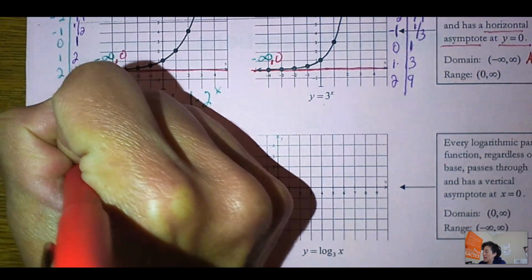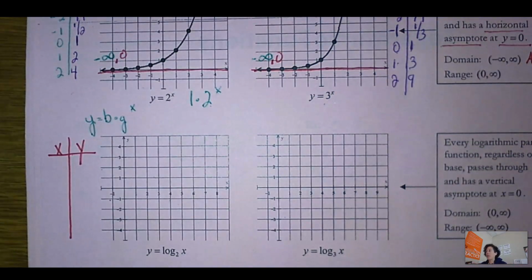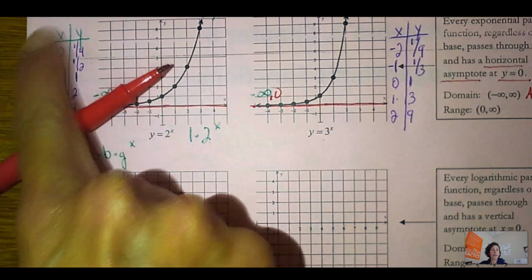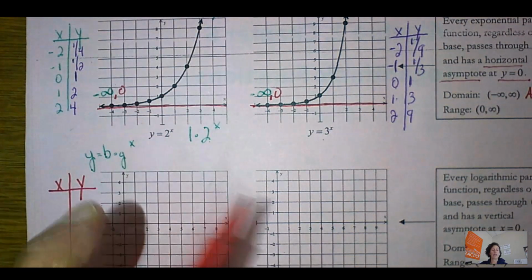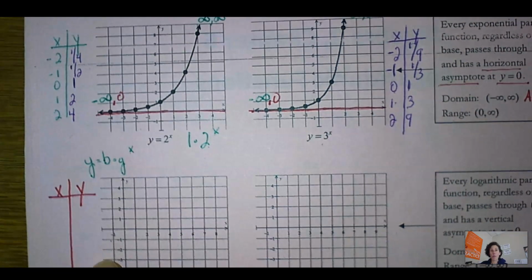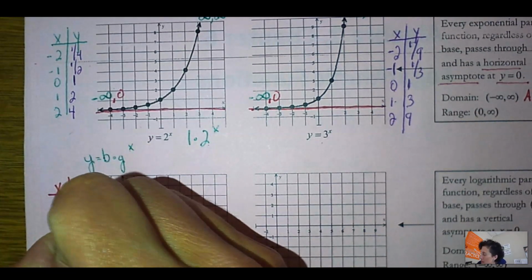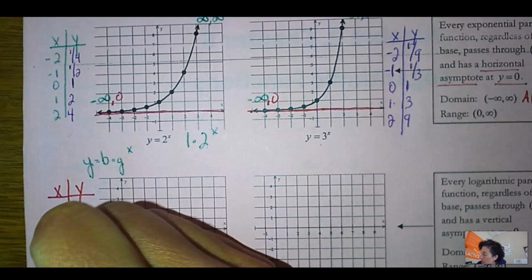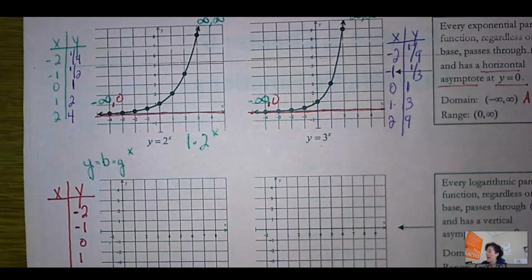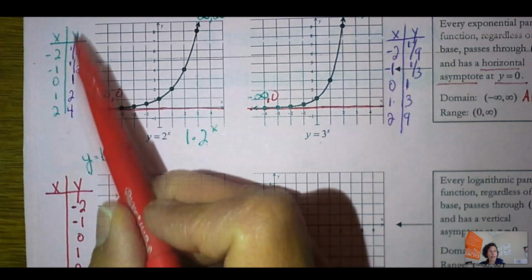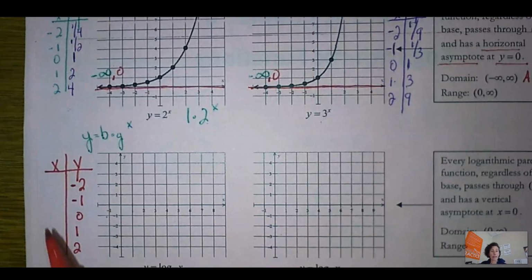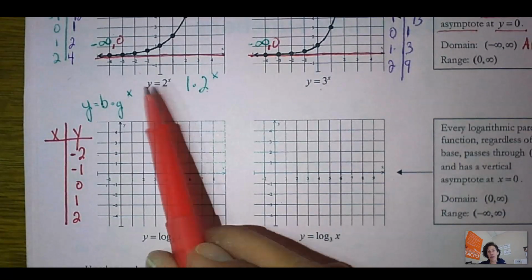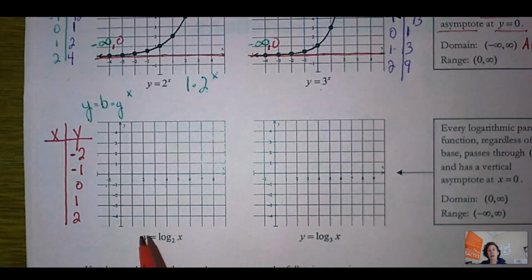Okay, so let me back up a little bit. When I say that everything is the opposite, that means what were the x's are now the y's. We learned this about inverses sometime in first semester. And what were the y's are now the x's, because this is the exponential version and this is the equivalent log version.